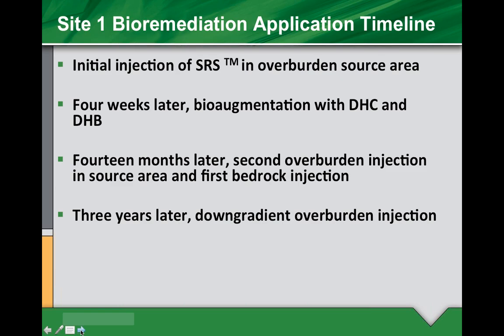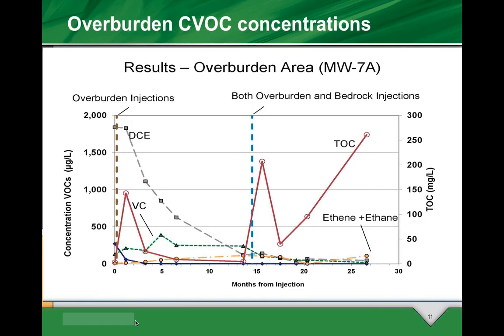in an overburden area. I'll be showing results on our next slide. At first, we'll be looking at chlorinated solvent results, and then we'll go through some geochemical results. So as we get to our next slide, we'll be first looking at some overburden data.